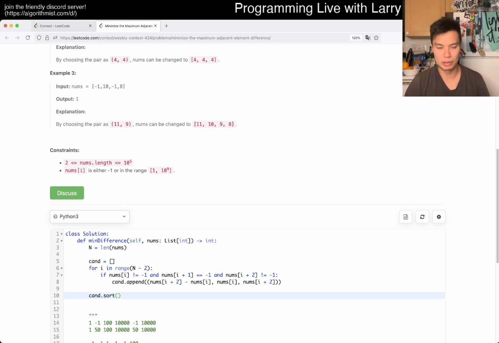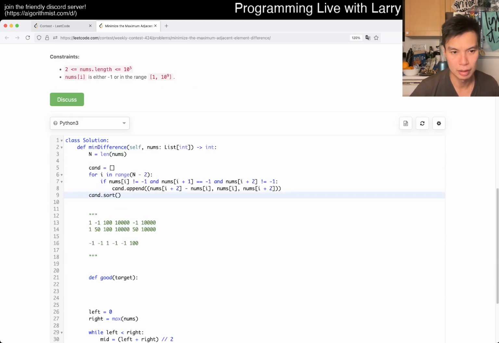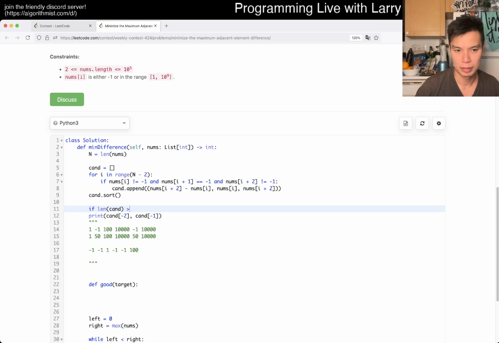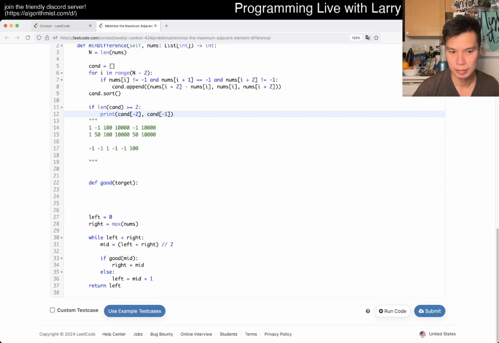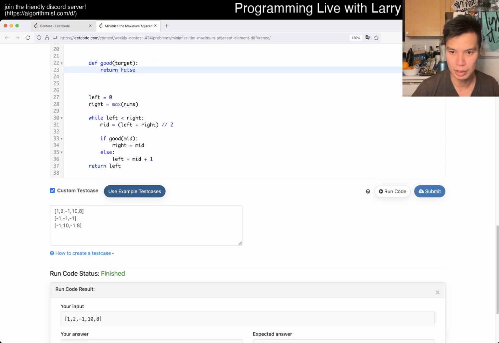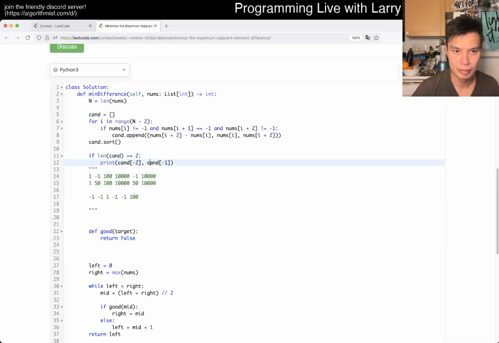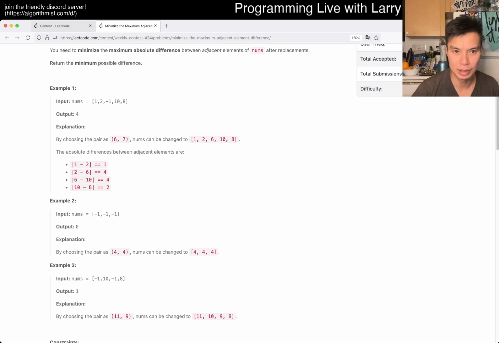So now we take the 2 of the biggest gap, right? Did I not print anything? Okay, so this doesn't really come up. Oh, this only comes up once.